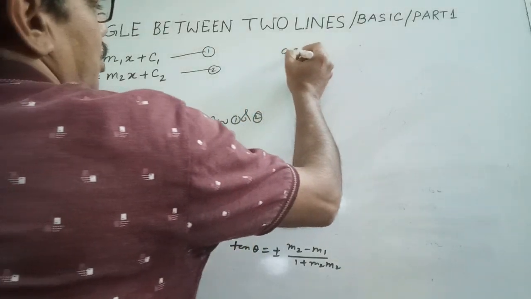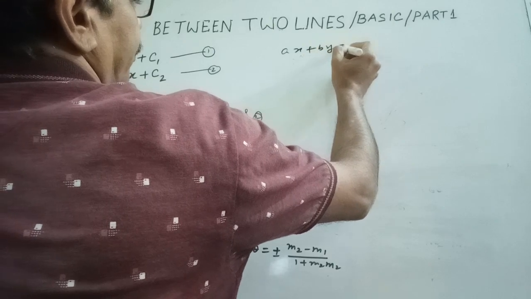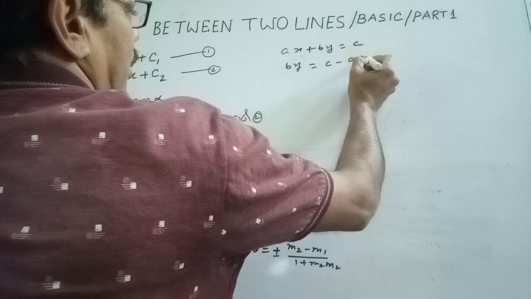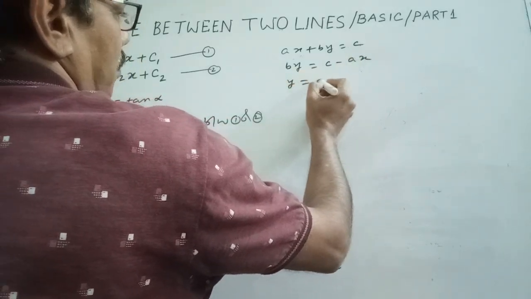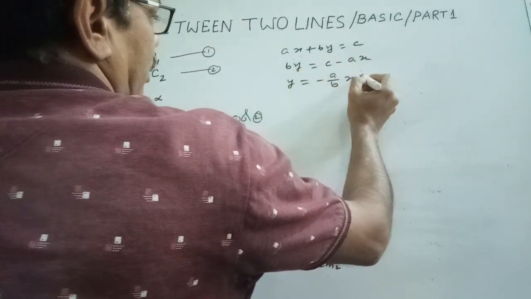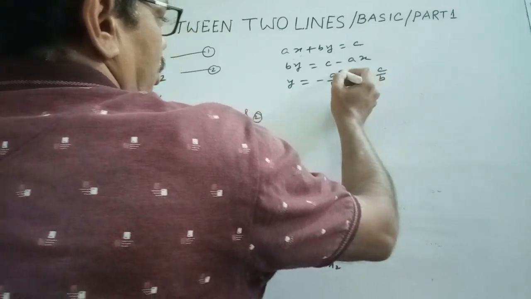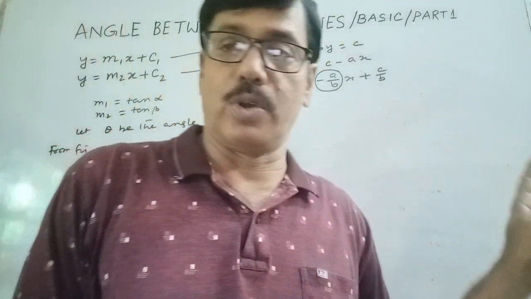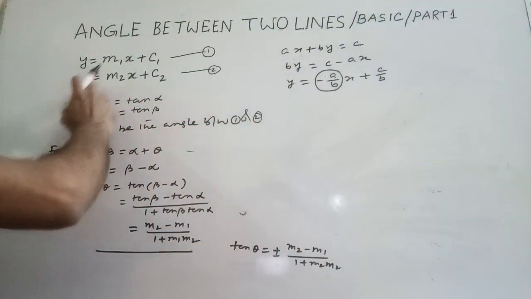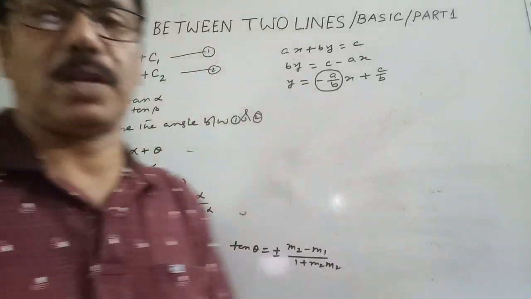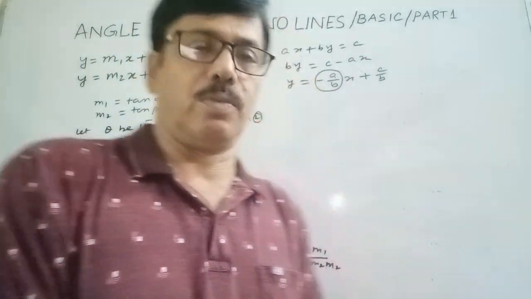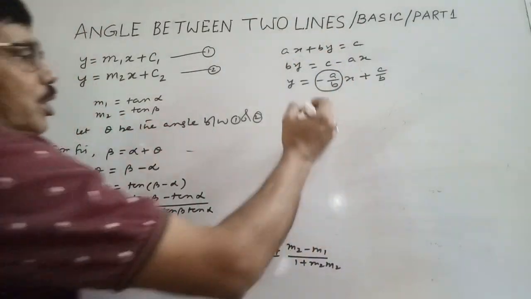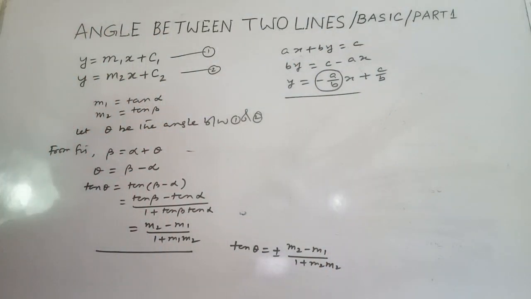Suppose this is the general equation of a straight line. To find the slope, you have to write it as y equals minus a by b into x plus e by b. So what is the slope? The coefficient of x is the slope when it is expressed in the form y equals mx plus c. This one is very simple.